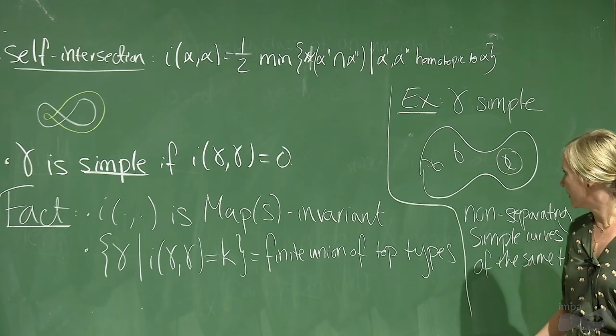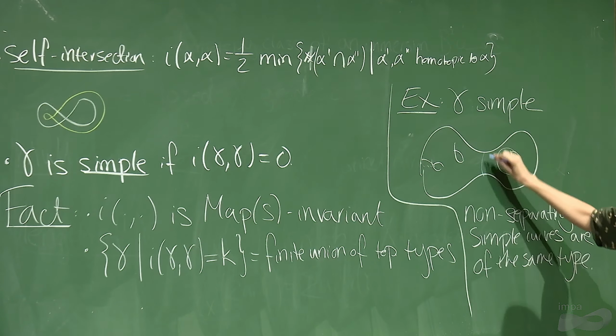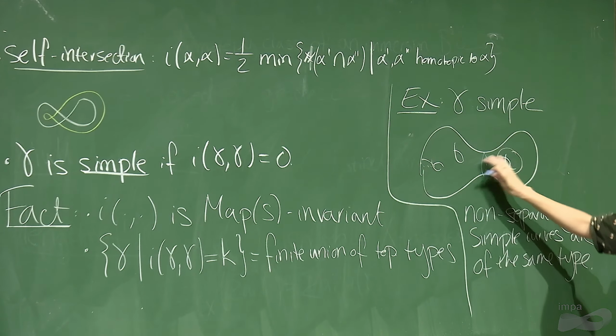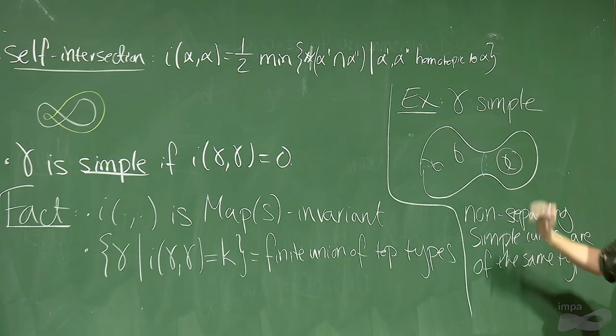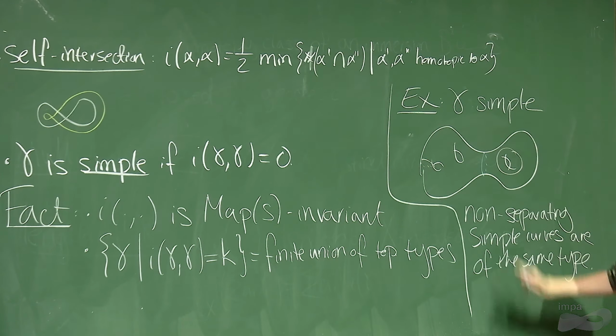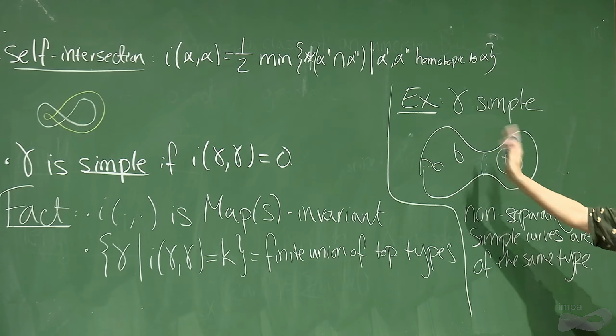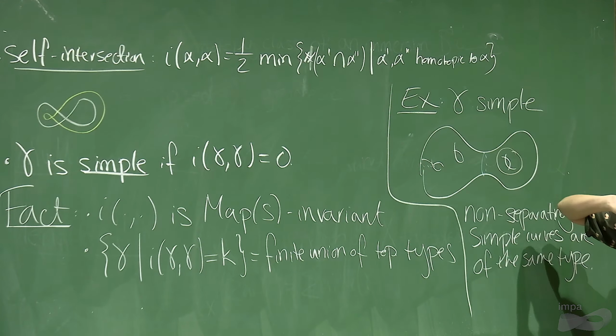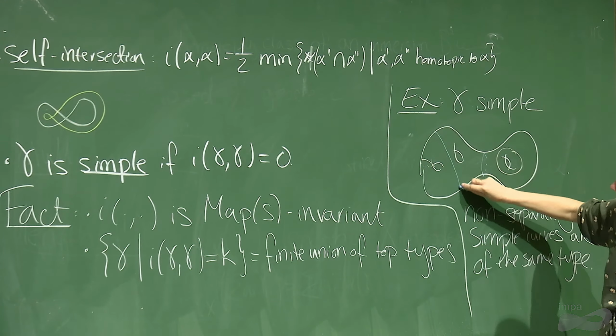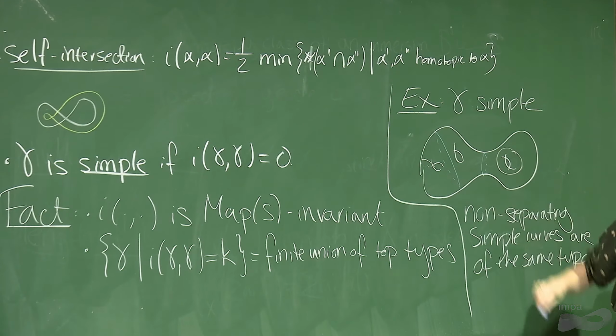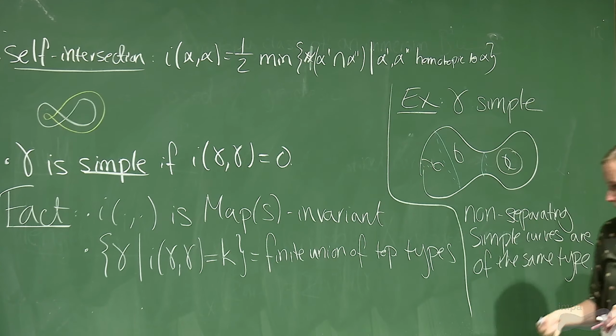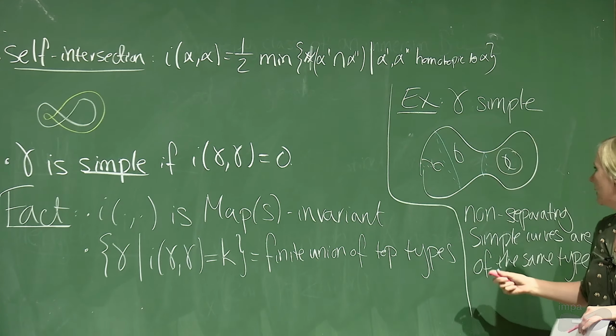However, if I take something that separates the surface, and cut along it, I get two surfaces, one of genus 1 with one boundary component, and one of genus 2 with 1 boundary component. If I take this simple curve, the same thing happens. So for the same reason, I can find a homeomorphism mapping one to the other, so they're also of the same type.